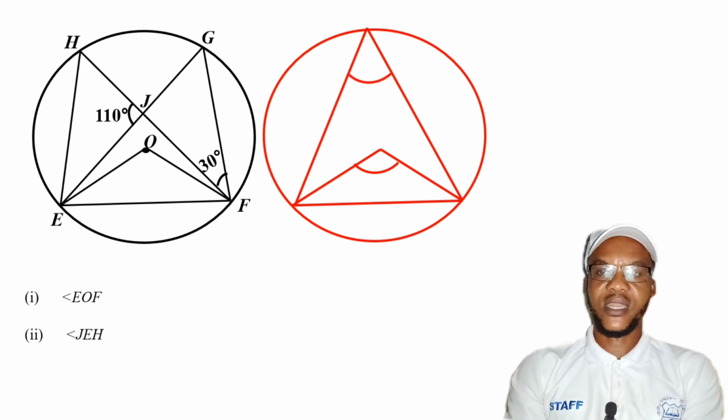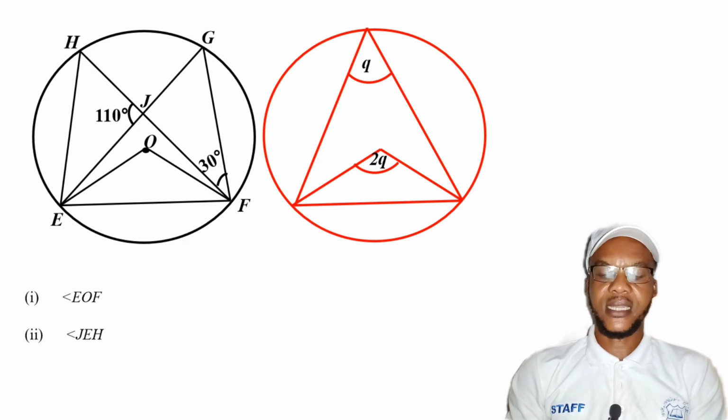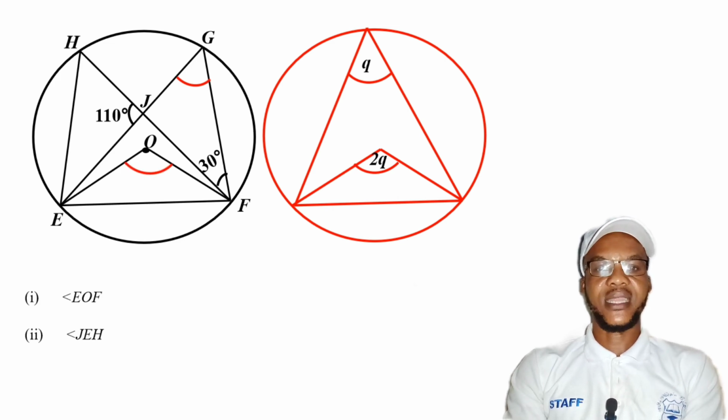If the angle at the circumference is Q, then twice Q will be the one at the center. That is what that property is saying. So we are going to find those angles here. But how do we get that?